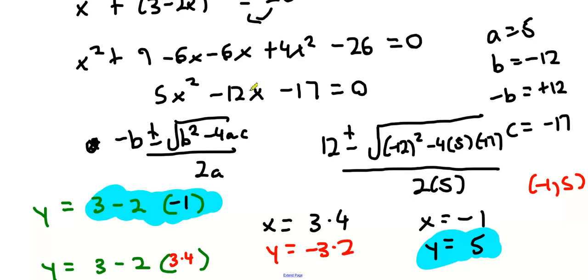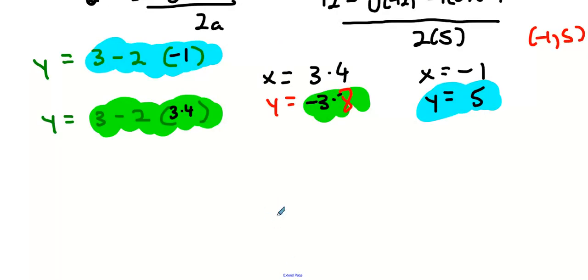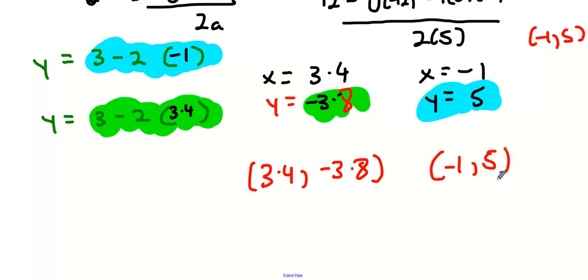And then we put this green bit into the calculator, and it gave us an answer of -3.8. So we used the calculator separately both times. And as I said, I still haven't got full marks yet. Why? I have to put them as points if you reread the original question.